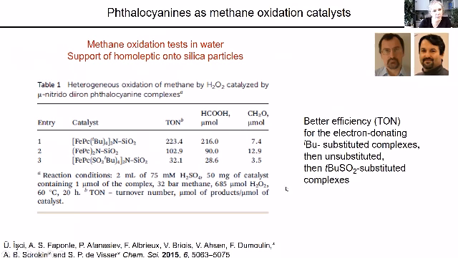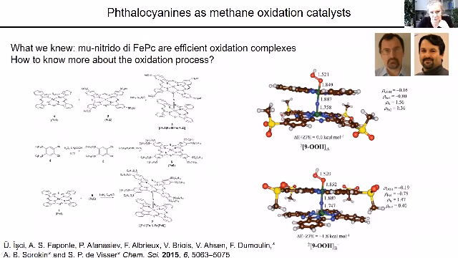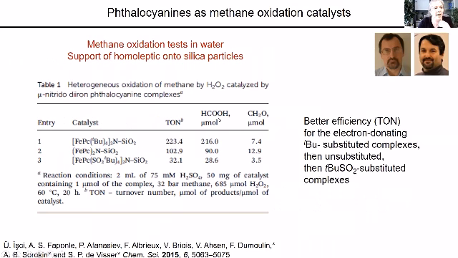For this, we were using the homoleptic structure, which means that we had the same substitution pattern on both phthalocyanines of the complex. Three complexes were prepared and used. One with electron-rich substitution, thanks to the tert-butyl substituent only at the periphery of the phthalocyanine. One with nothing, and the electron-poor substitution pattern with the sulfonyl tert-butyl substituent here.